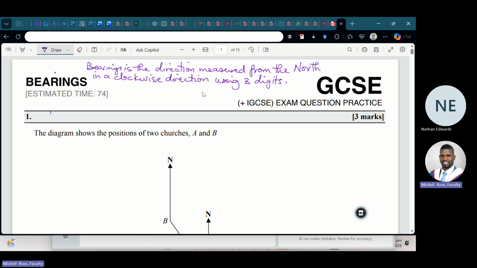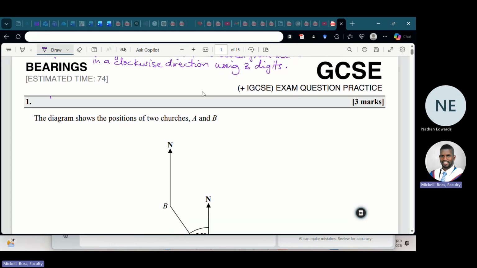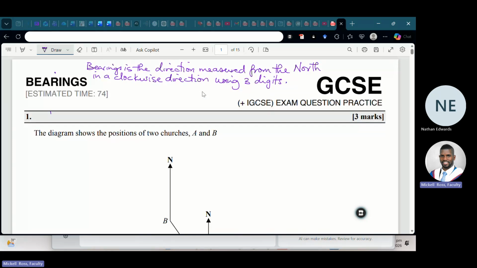So bearings is used to tell direction measured from the north in a clockwise direction and using 3 digits. So it's always using 3 digits, all right? So a bearing is a way of telling direction measured from the north in a clockwise direction using 3 digits.